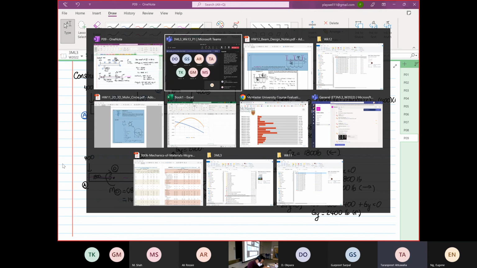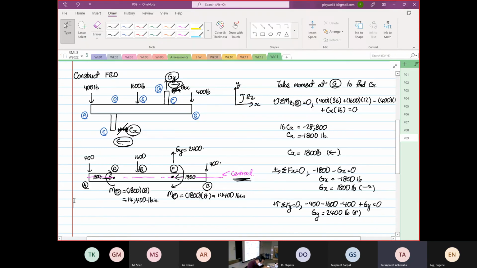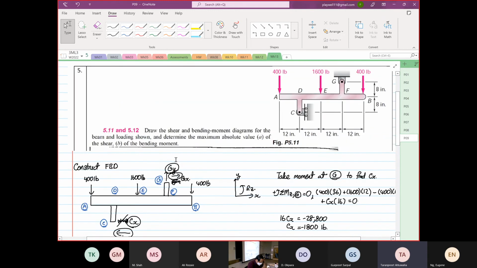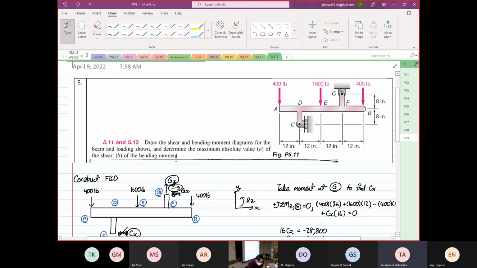Sorry, Eugene. Just before we move on, I had a quick question. When we take the distance from D to E, do we multiply x with the moment as well? Say it again. When we solve for the equation from D to E, do we multiply the moment at C and D with the value of x?